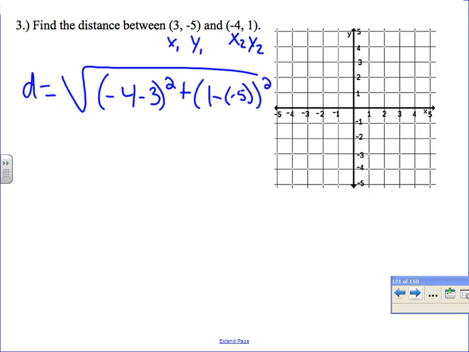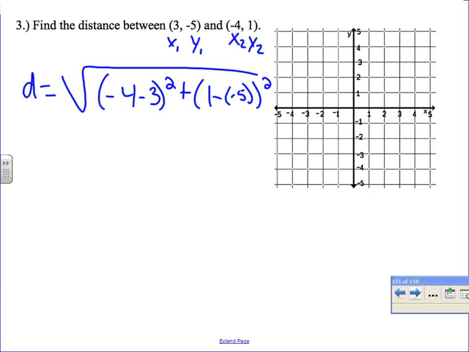Watch the negatives on this one. They try to trick you. Let me try that again. Negative 4 minus 3 is what that should be. A negative squared is a positive. Remember? Negative times a negative is a positive.